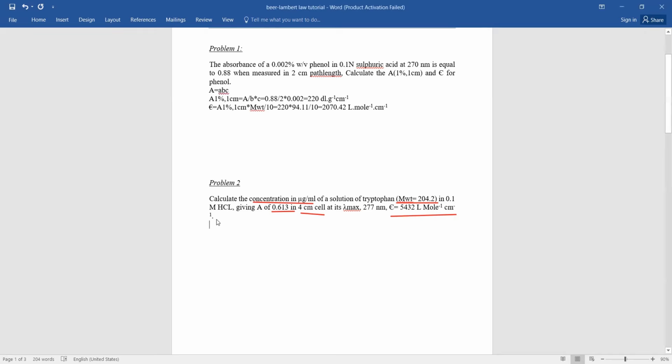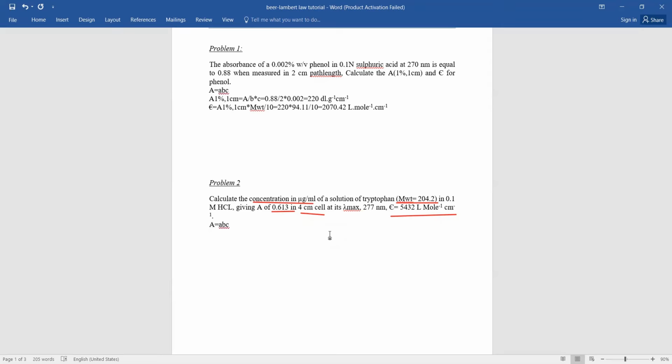So, first of all, we will write the rule, which is the absorbance equals ABC. Here we have that the absorptivity is molar absorptivity. We said that it's much easier to convert the molar absorptivity to A1% 1 centimeter than converting the concentration from mole per liter to gram percent or microgram per milli.